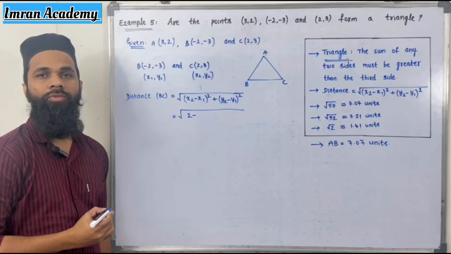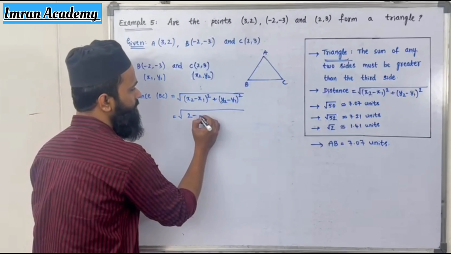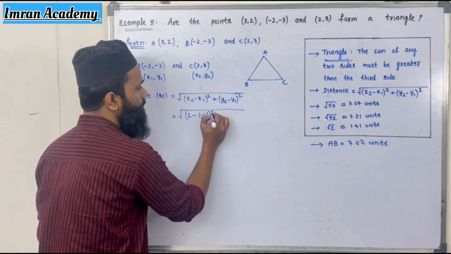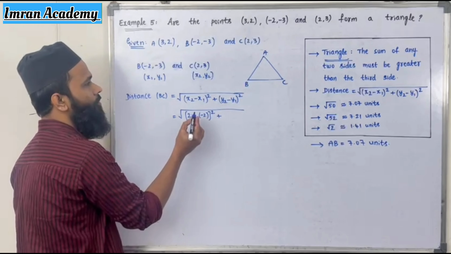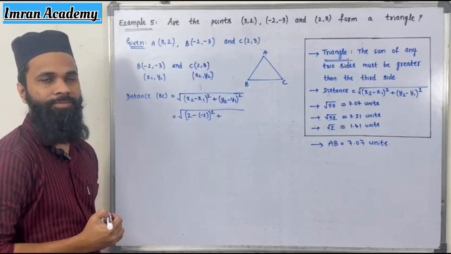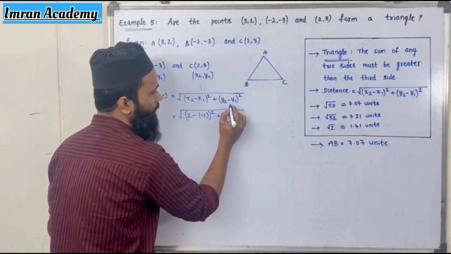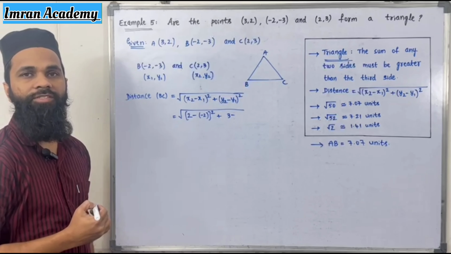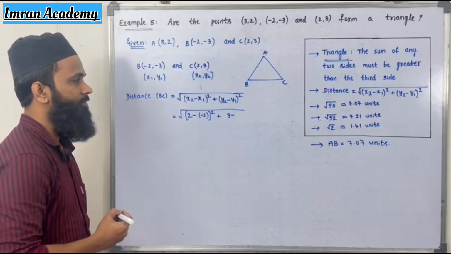As it is negative, put it in brackets. Whole square plus y2. y2 is 3 minus y1. y1 is minus 3. As it is negative, put it in brackets.